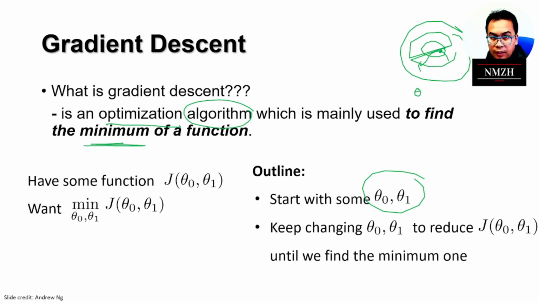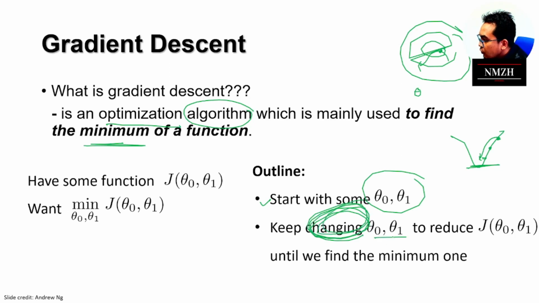In order to find the J minimum, we try to get things going as minimum as possible. The second thing to be considered, after we set the values of theta 0 and theta 1, is to keep changing them, guys.